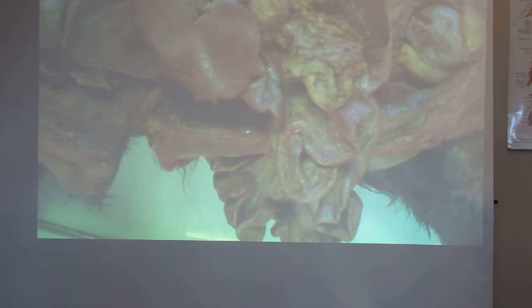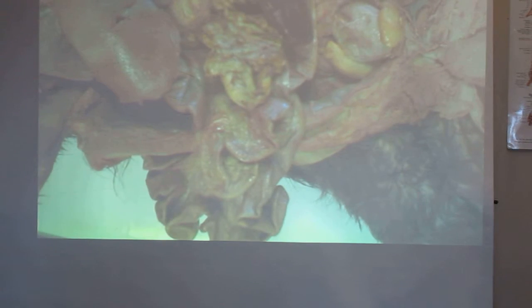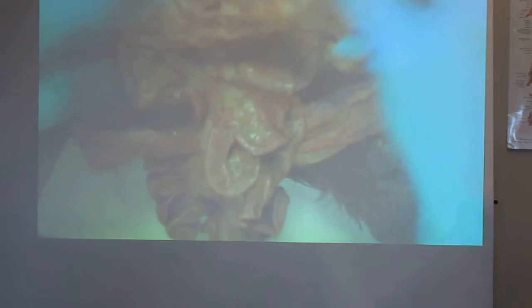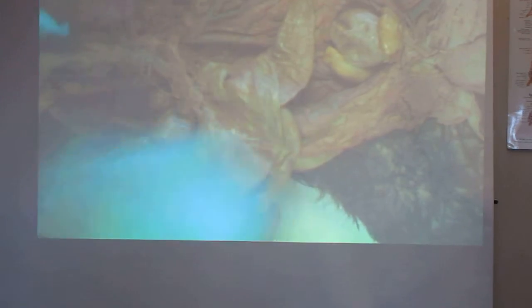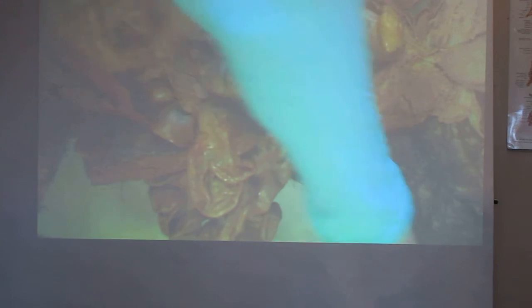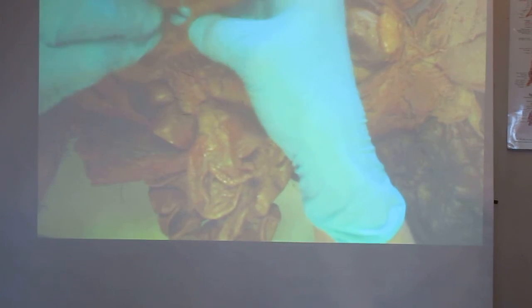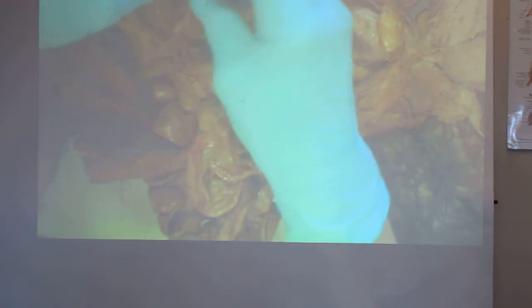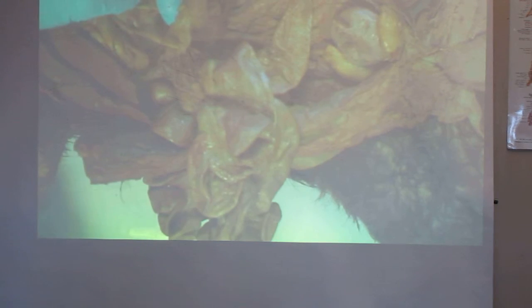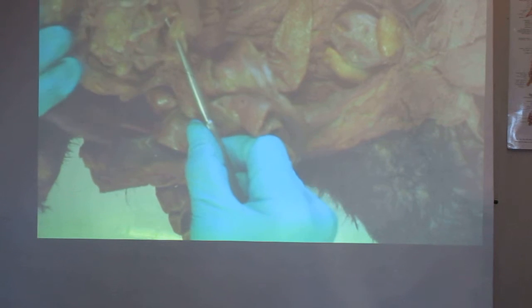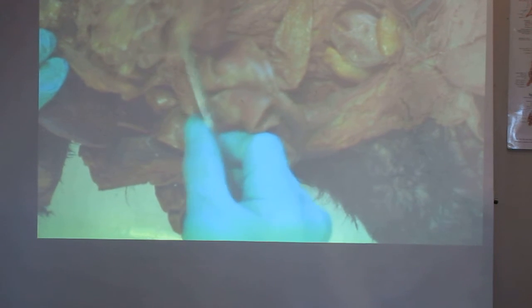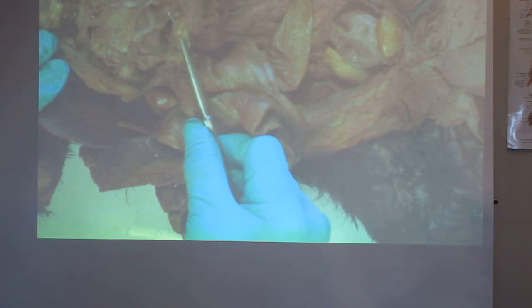So now, we keep heading a little bit south. If I'm in the plumbing over here, and I have to find it by feel, see this guy right there? That is the hepatic portal.